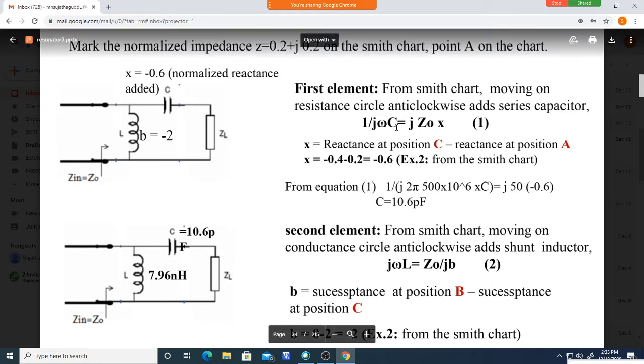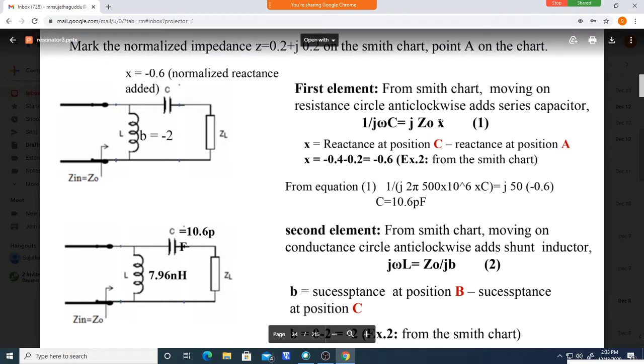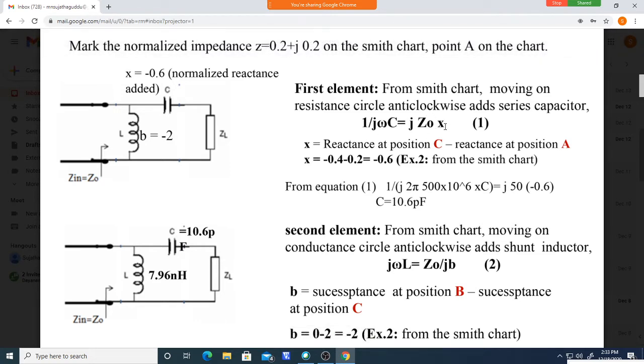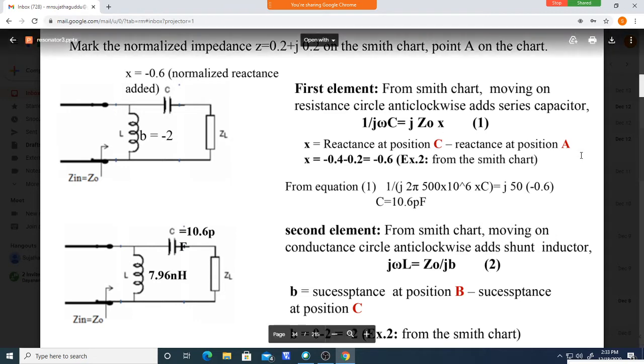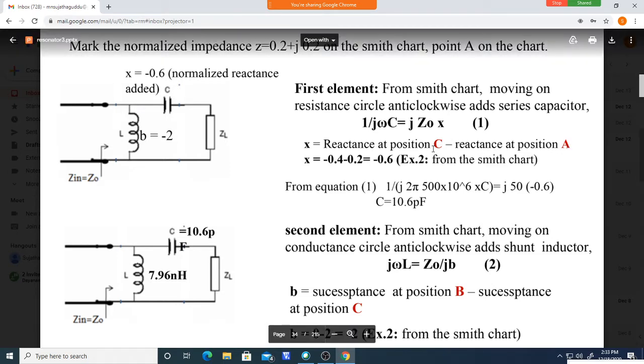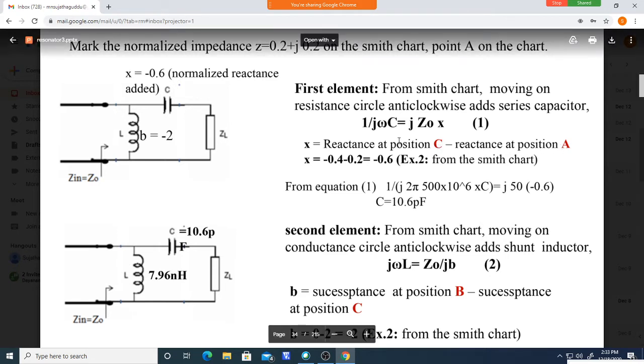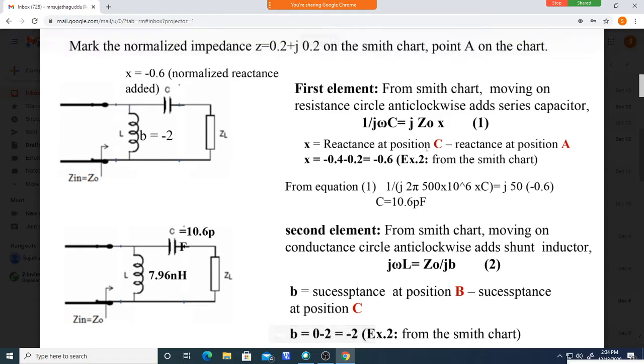How do you find the series capacitor? Using this equation, with the X value. What is this X value? It is the reactance at C minus the reactance at A. Reactance at C is the final position and A is the initial position. You obtain the reactance at C and the reactance at A, take that difference, and you will get the value of X.